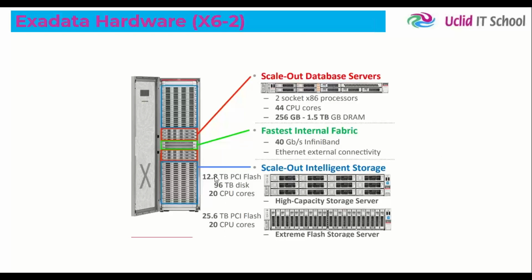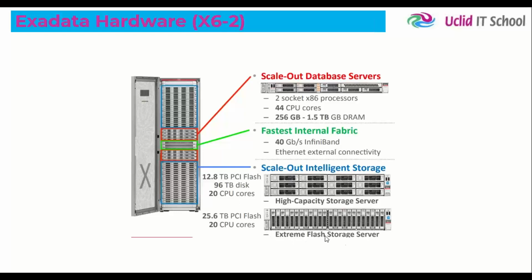Then if you take a storage server at the bottom, you can have high capacity storage server or extreme flash storage server. If you purchase high capacity storage server in X6-2, each high capacity storage server comes with 96 terabyte hard disk storage, 12.8 terabyte flash storage, which is SSD storage, and each storage server will have 20 CPU cores.